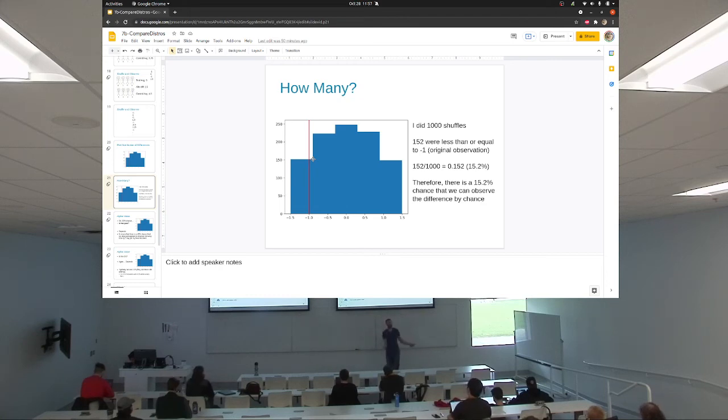We want to get all or as many of the possible differences as we can, where if it's by chance, it doesn't matter who is in what group. So keep shuffling who's in what group, calculate the difference. Plot that distribution.